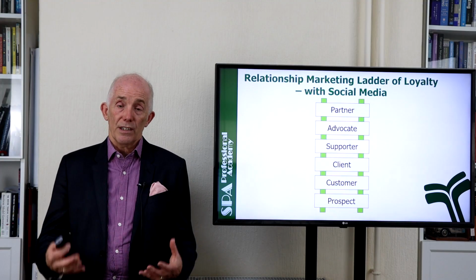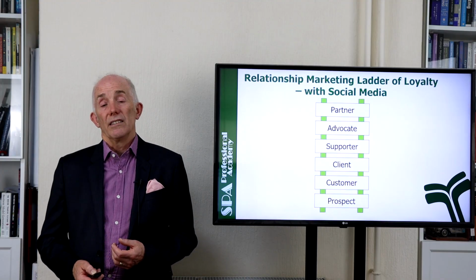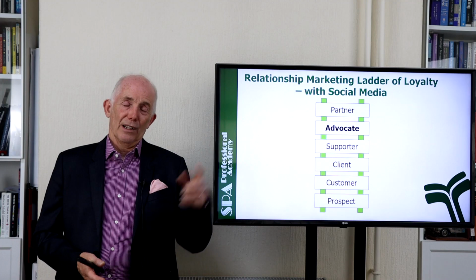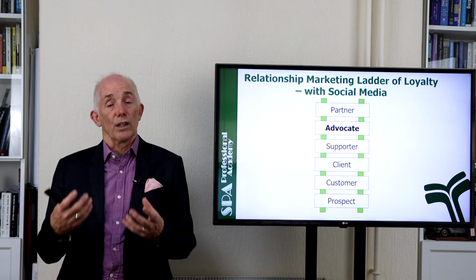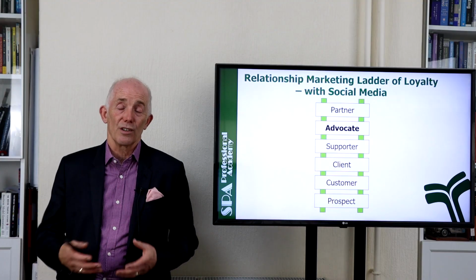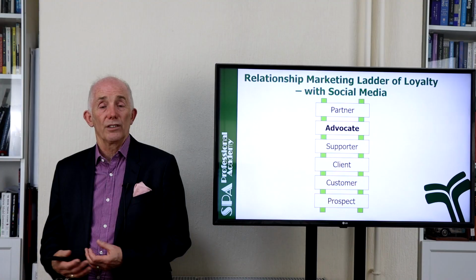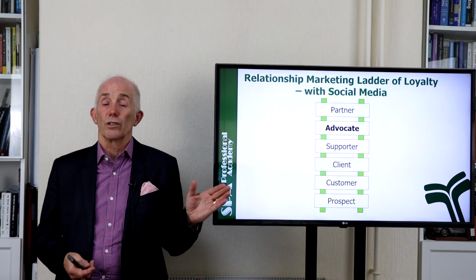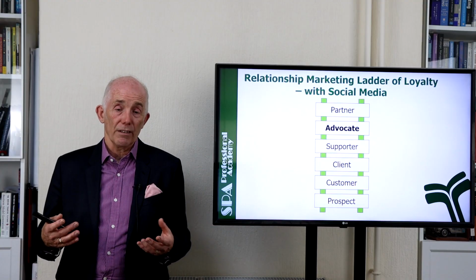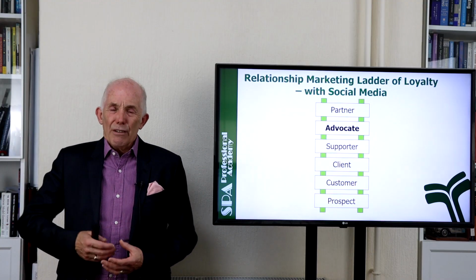And the reason that I think that matters, and something that we need to consider now, is that in the ladder of loyalty, as the explanation I've just given, the advocate, somebody that promotes the organisation, says, hey, here's a good organisation, use this. Well, if you think about social media sites, you might buy something once, a customer, and go on social media and say, hey, that's great, tell people about it. But actually, you're only a customer.